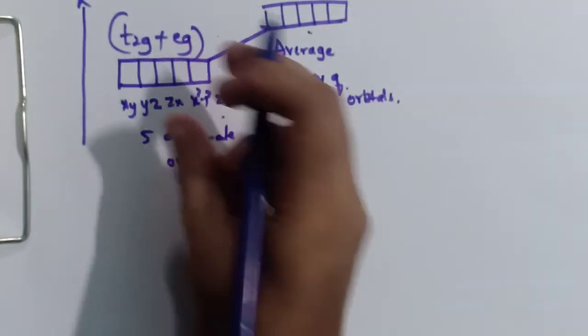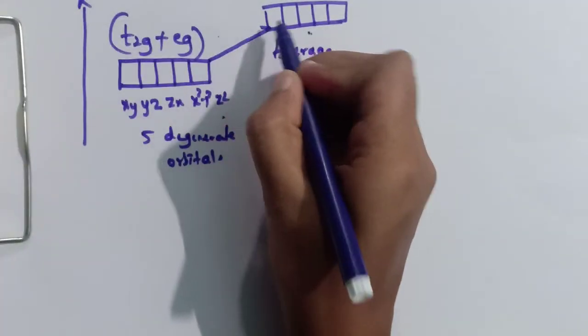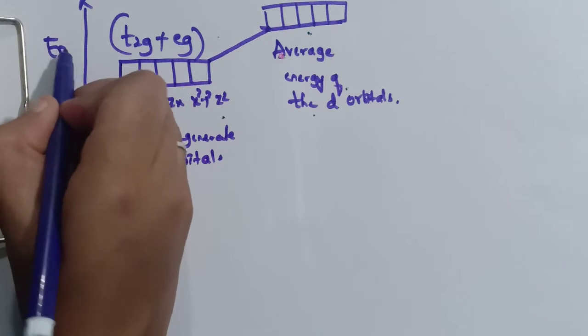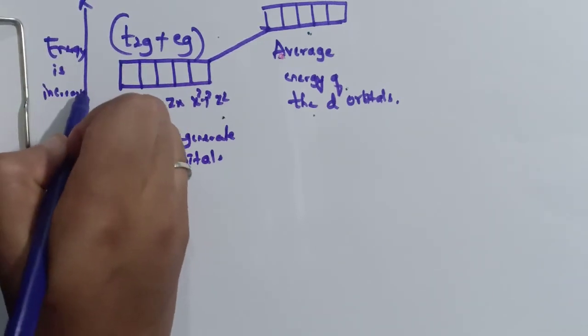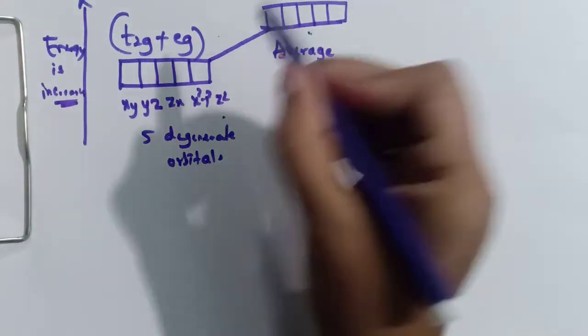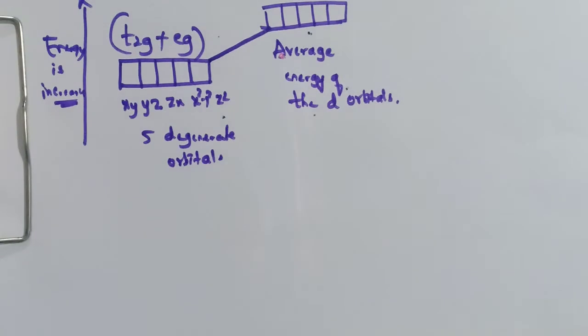When the ligands approach, this degeneracy is lost and they are shifted into higher energy. Here the arrow indicates energy is increasing. When the ligands approach, these are shifted into higher energy levels.